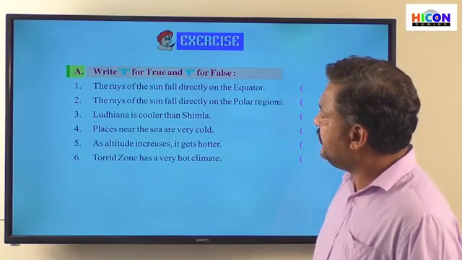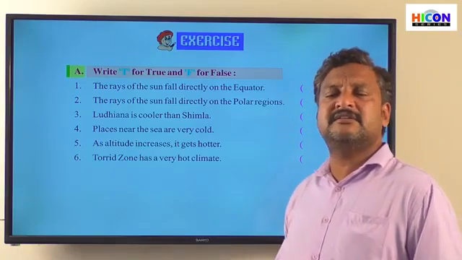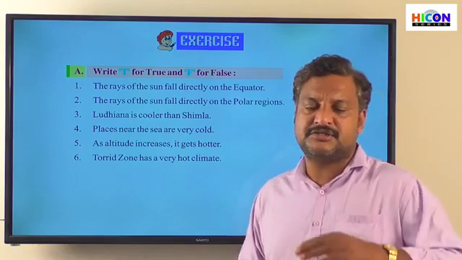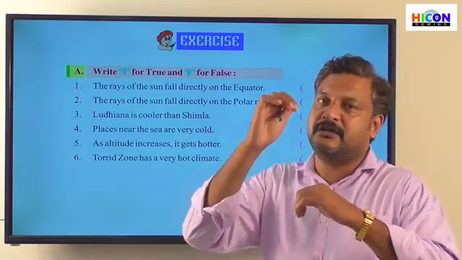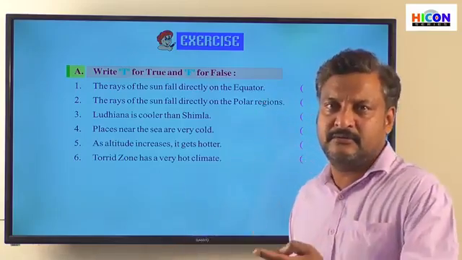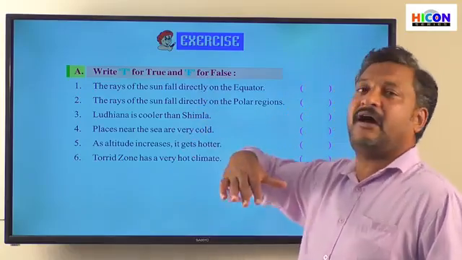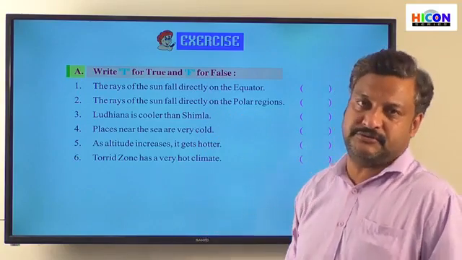Ludhiana is cooler than Shimla. Ludhiana is a place located in Punjab, isn't it? Above Punjab we have Haryana, Himachal Pradesh, and Shimla is the capital of Himachal Pradesh. So Shimla is of a higher altitude and Ludhiana is of a lower altitude.